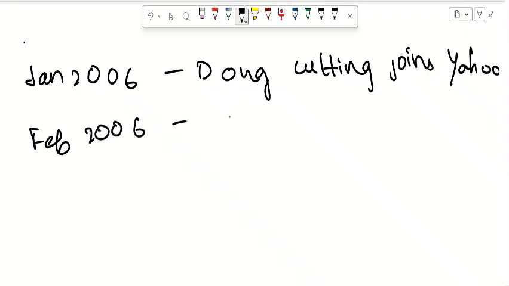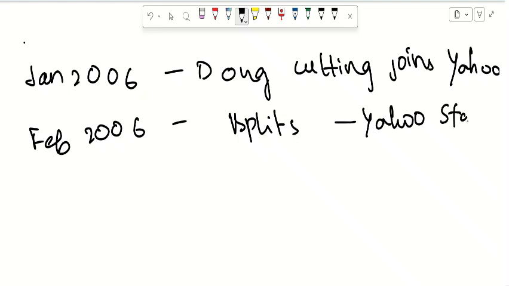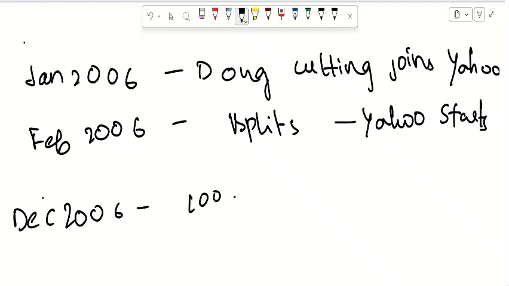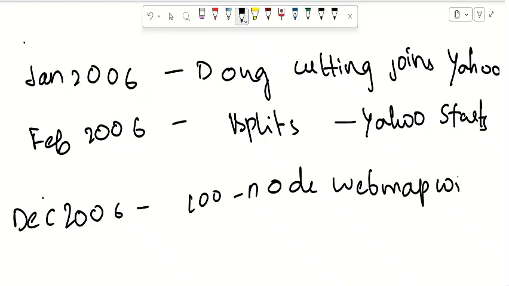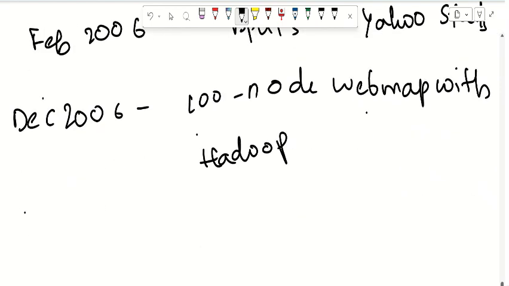Next month, Hadoop splits off, and Yahoo starts using it. In December 2006, Yahoo created a 100 node web map with Hadoop.